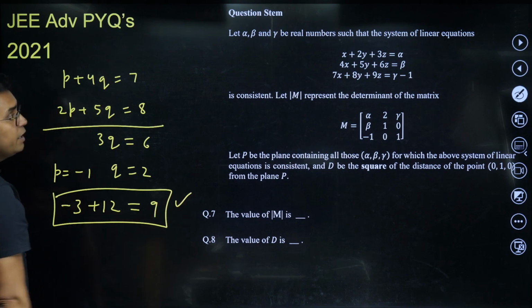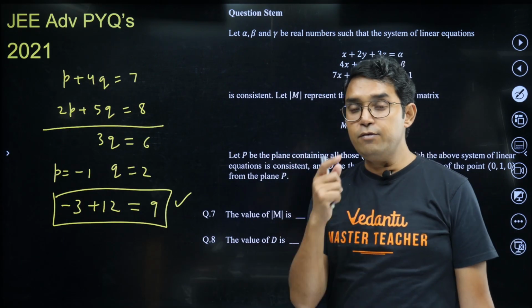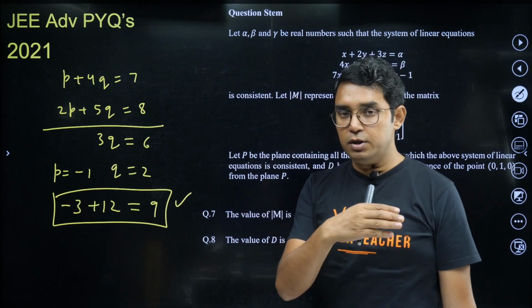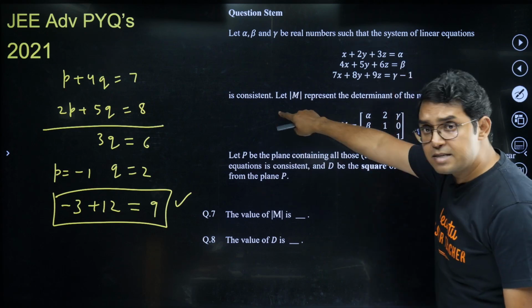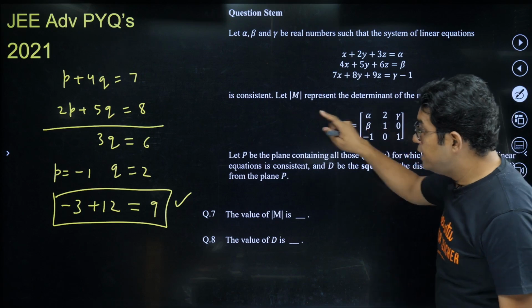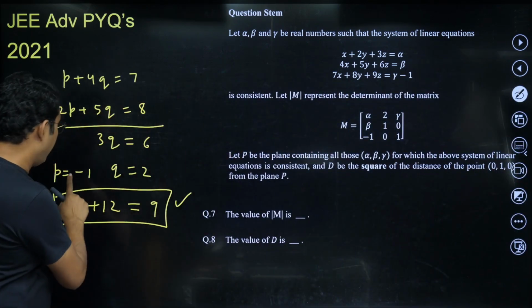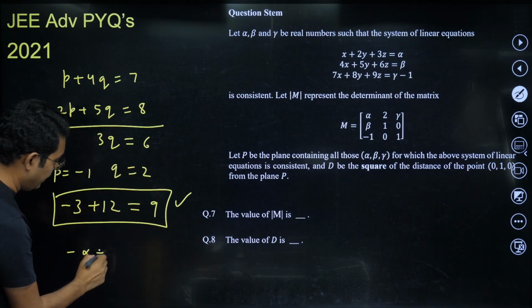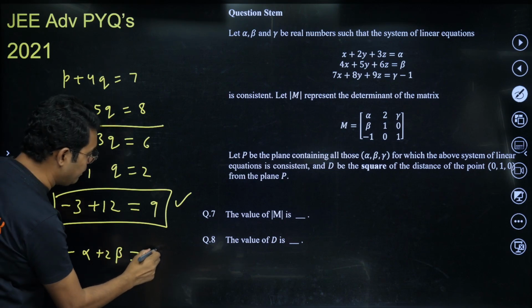So that means it will have either infinite solutions or no solutions. The case of unique solution is rejected. Now, consistent means it should have infinite solutions, and that will be possible if the same p, q satisfies the right-hand side also, which means this minus 1 multiplied with alpha and this 2 multiplied with beta should be equal to gamma minus 1.